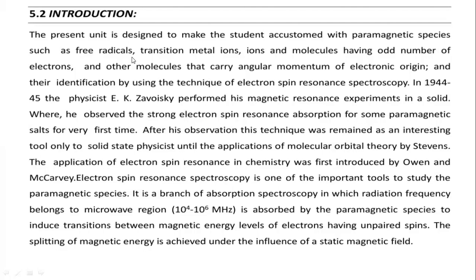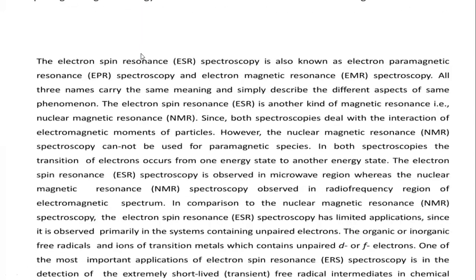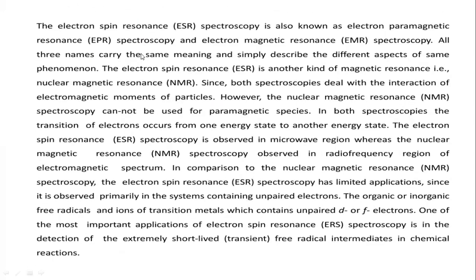Electron spin resonance spectroscopy is also known as electron paramagnetic resonance spectroscopy or electron magnetic resonance, that is, EMR spectroscopy. All three names carry the same meaning and describe different aspects of the same phenomenon.